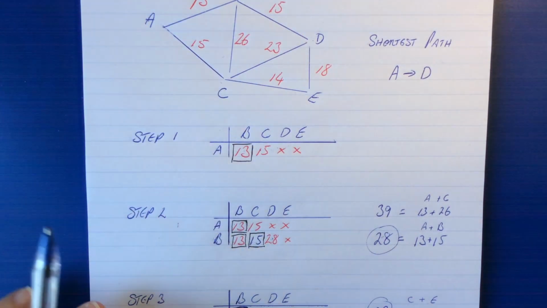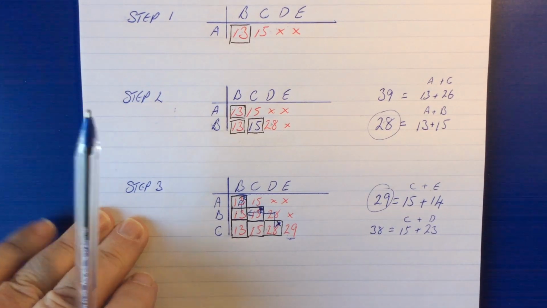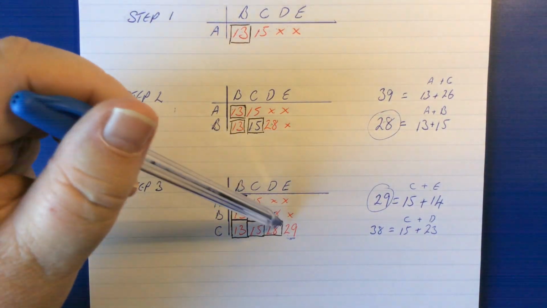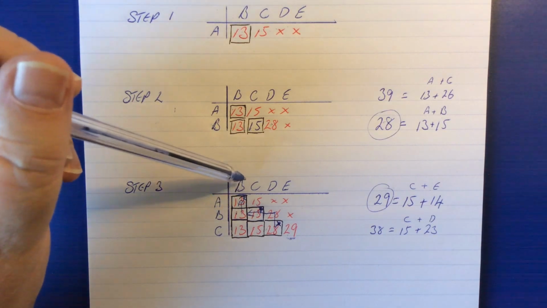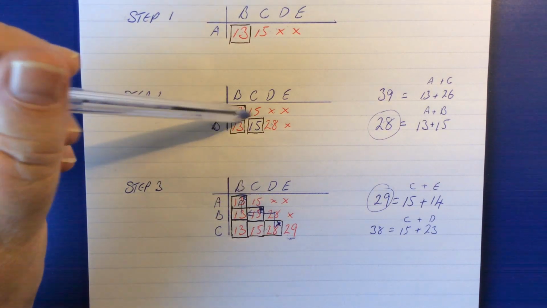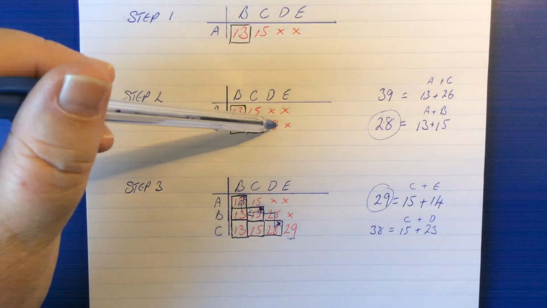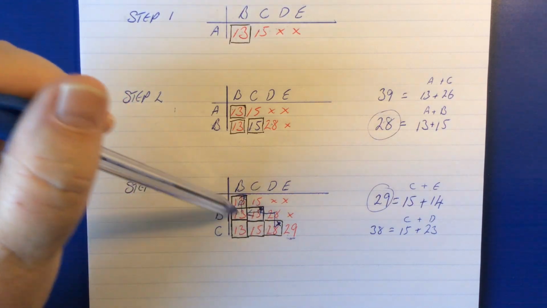Okay, so let's move on down. And this is where we're going to get a conclusion. I'm sorry this is messy, but I've got some working in here. So the row A is the same as you see here. The row B is the same as you see here. These arrows indicate the route that I discovered.